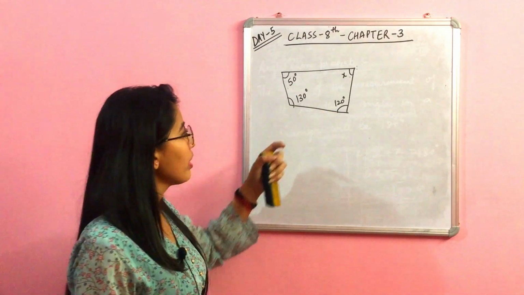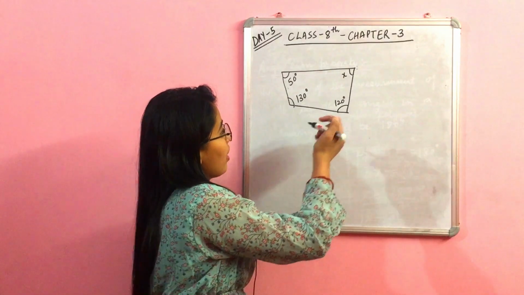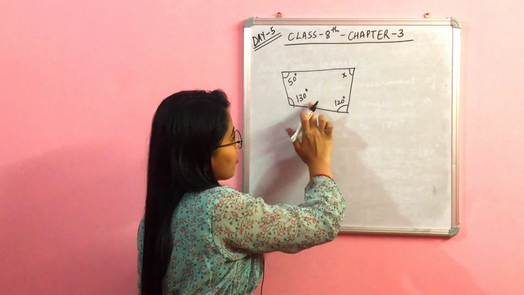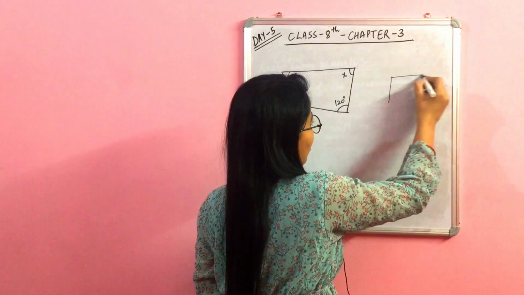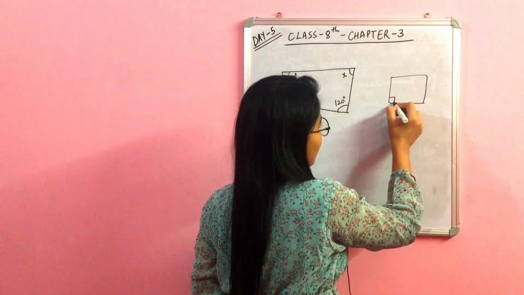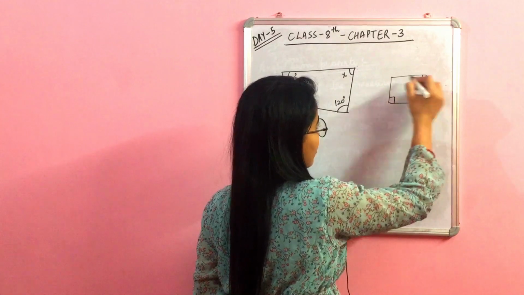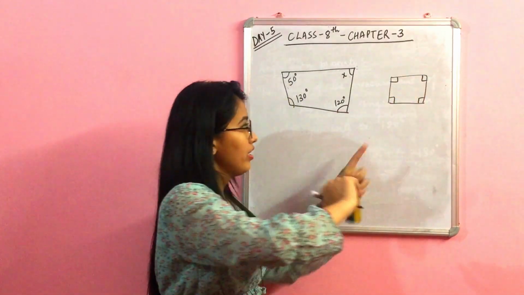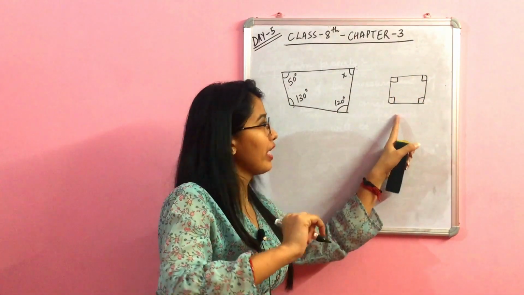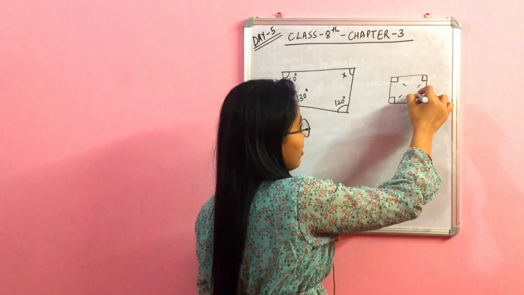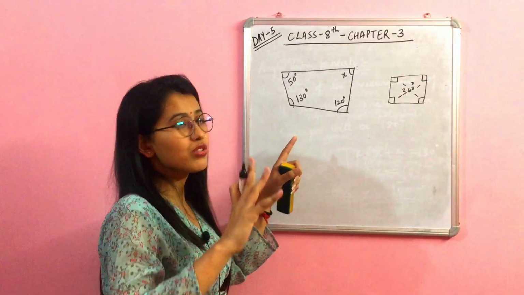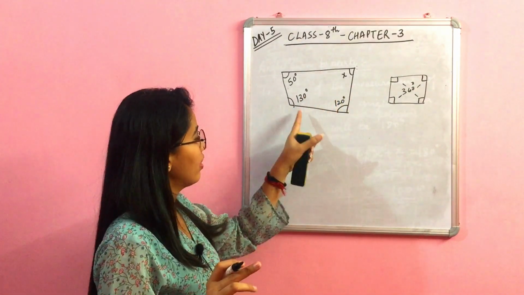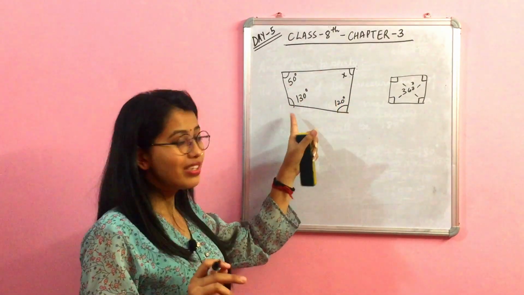How do we prove this? If you remember the example of a square, this is 90 degrees, this is 90 degrees, this is 90 degrees, this is 90 degrees. This is a square having 4 angles. So all the 4 angles will be equal to 360 degrees. So we are assuming there are 4 angles here, and the sum of all these 4 angles will be 360 degrees.